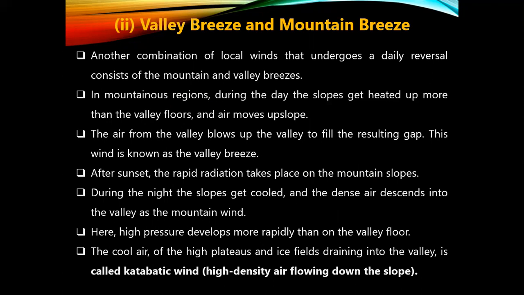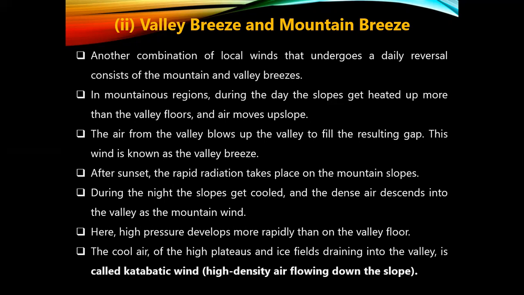The second type of local wind is the valley breeze and mountain breeze. Another circulation of local winds that undergoes a daily reversal consists of the mountain and valley breezes.